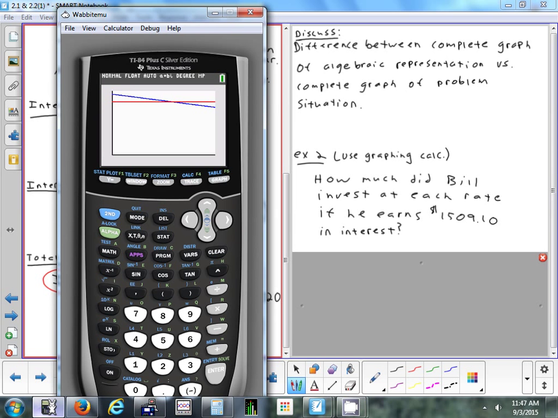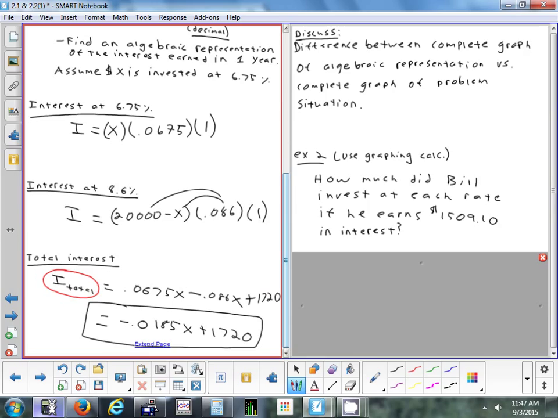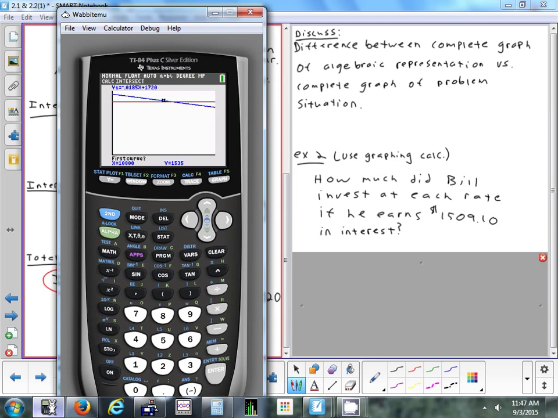Then you find where they intersect. So basically all you're doing is plugging in $1,509.10 on the left, and you're solving for x. Okay, algebraically you could do it, or let's just do it graphically. It's $11,400.